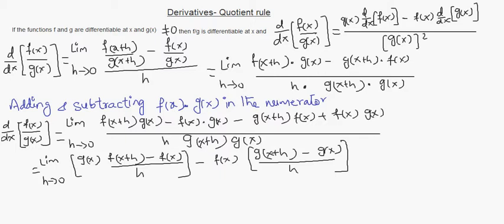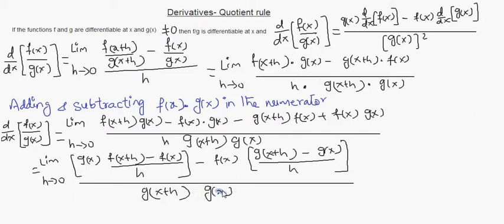Now this has left us with the denominator g of x plus h times g of x. Because the h is distributed among the terms in the numerator, so we don't have h in the denominator now.